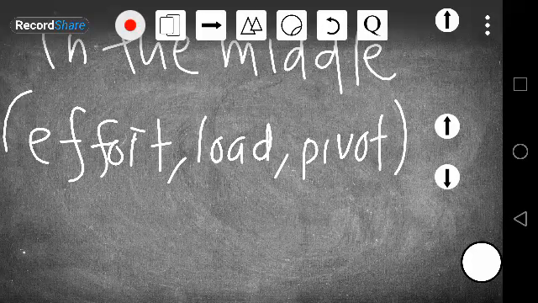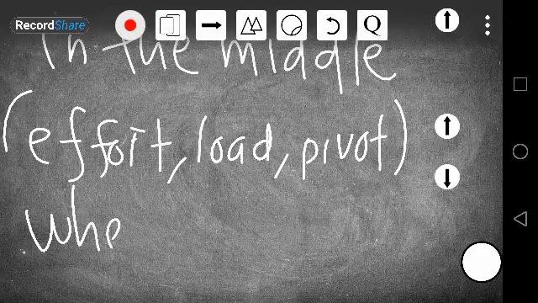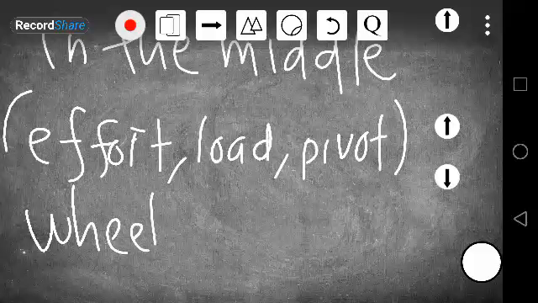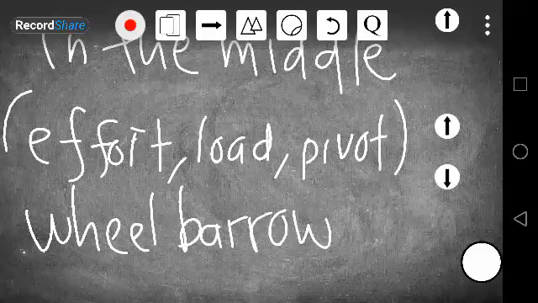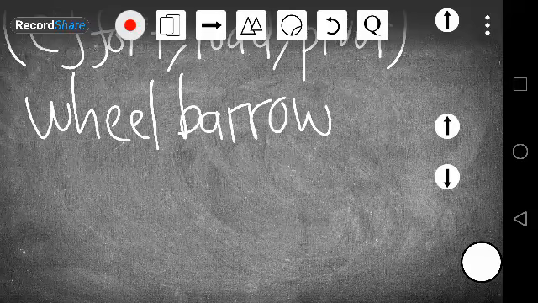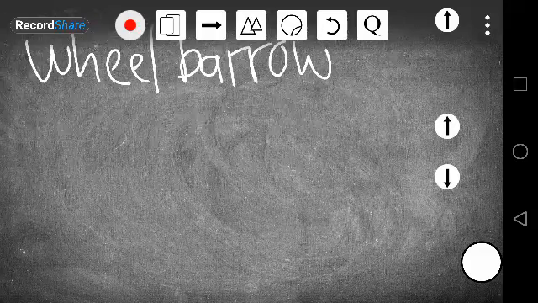There are basically three types of lever. This one with effort, load, pivot, for example, a wheelbarrow.